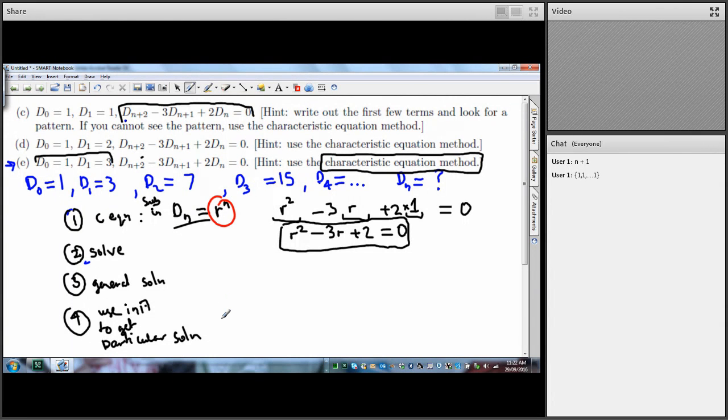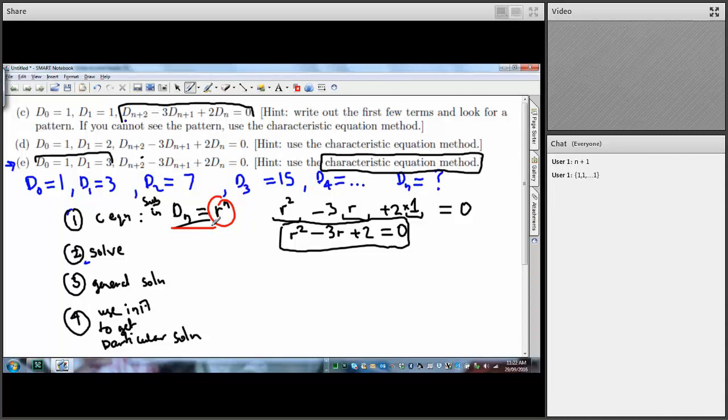How I mentioned in lectures is to literally sub that into the equation, then divide by the smallest power of r to get this sort of equation, but you can go straight there. Essentially, in case you're wondering what the purpose of it all is, it's really just guessing a solution.